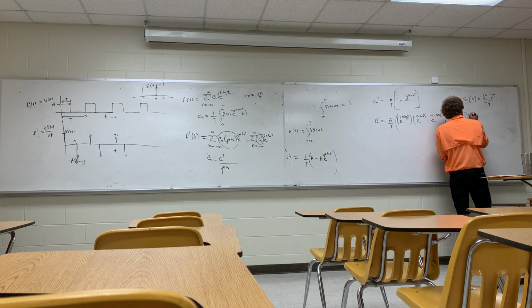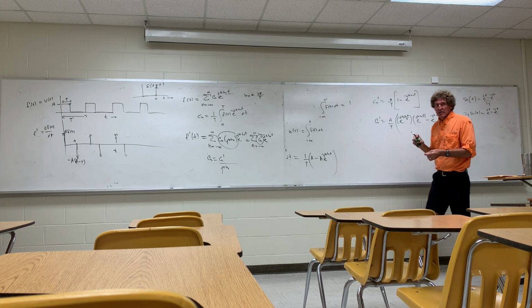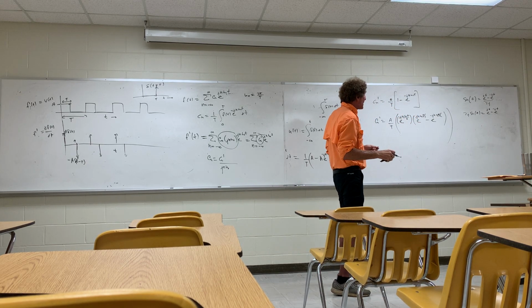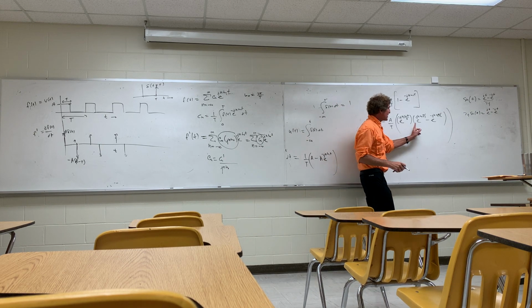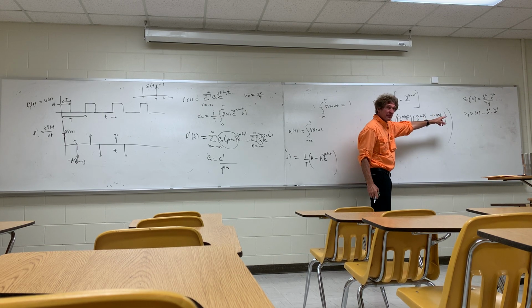Or I could say 2j times the sine of theta is equal to e to the j theta minus e to the minus j theta, right? Are you with me on this, guys? Well, what do you see here? Theta is just n omega naught tau over 2, isn't it, in that proof right there?